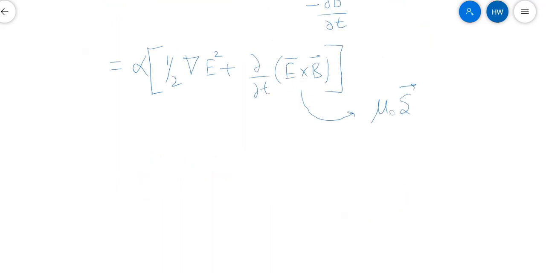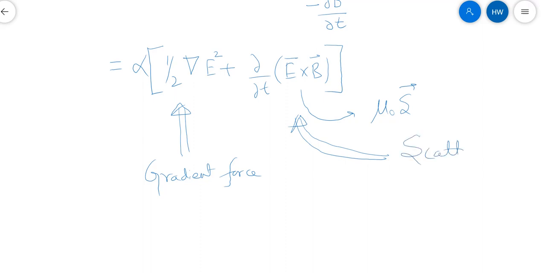This first term is certainly what is called the gradient force, and this second term is basically the scattering force.